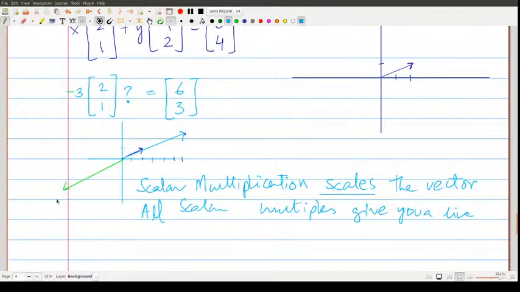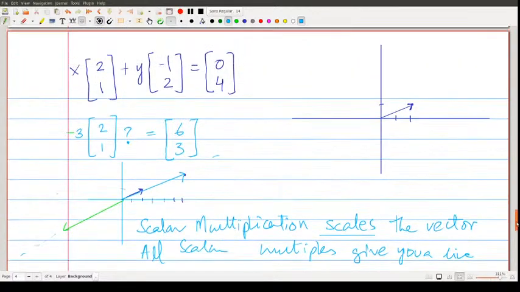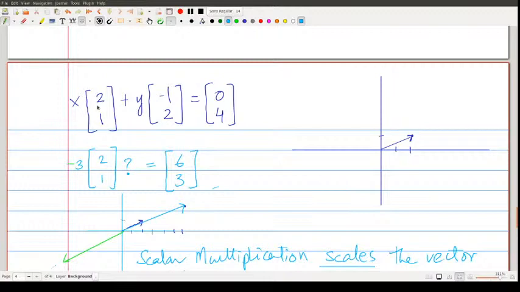So I can get any vector on this line if I just keep scaling this 2, 1 vector, right? Essentially we say that a vector spans a line, that you can get any vector along this direction. All you need to do is multiply this vector by some number, right? So that's scalar multiplication. That's the first thing.